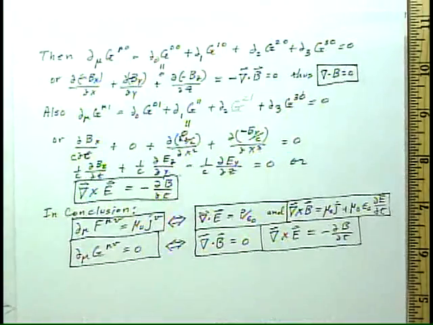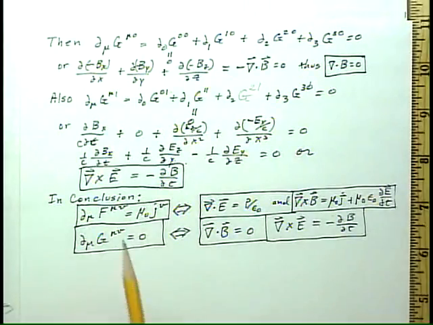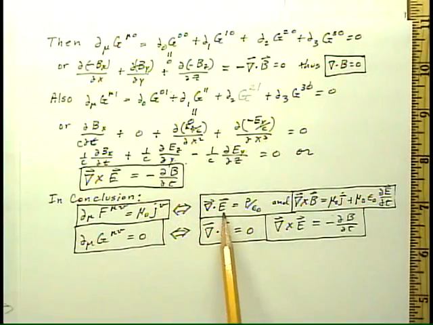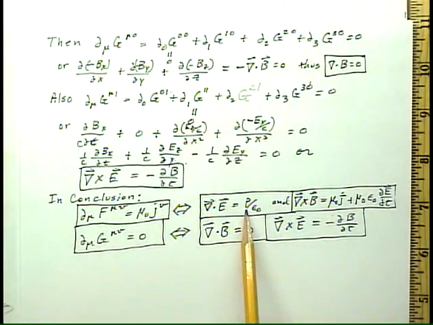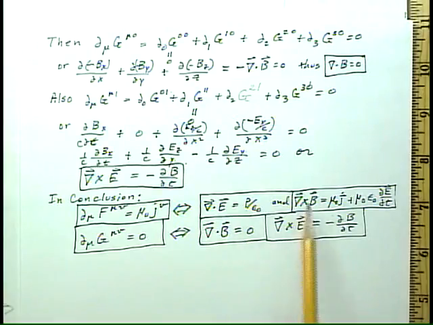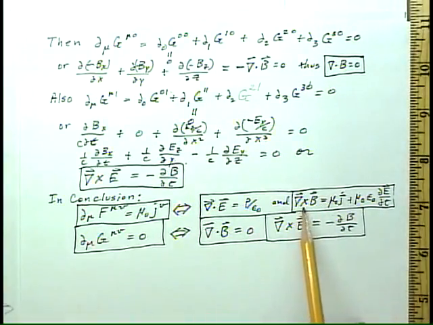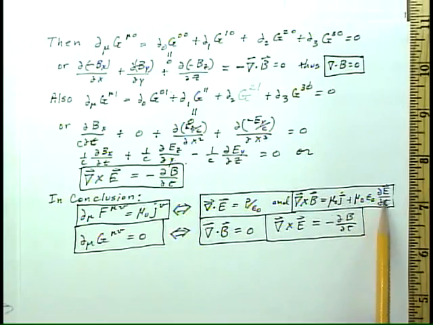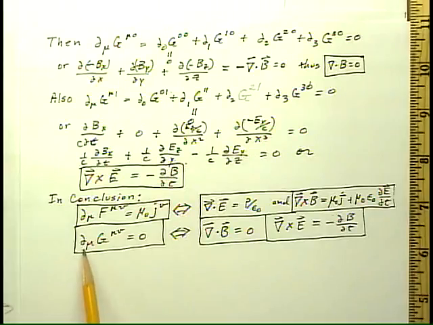And in conclusion, we can see that the partial of F mu nu equal to mu naught J nu gives us two equations. Gauss's law for electricity, these are the two inhomogeneous equations, and del cross B, which is mu naught J plus mu naught epsilon naught partial of E with respect to t. The other two are the homogeneous equations, which are done in terms of the dual tensor to F mu nu called G mu nu.